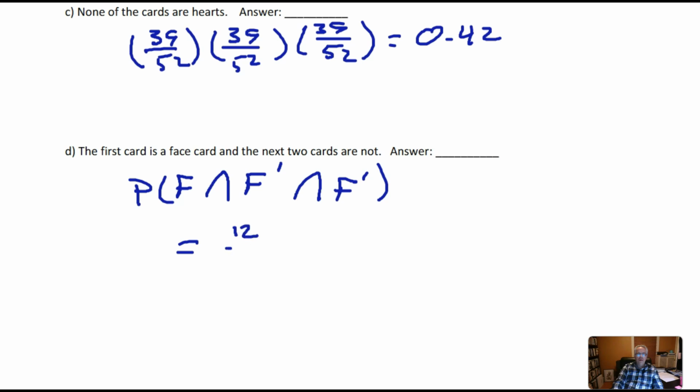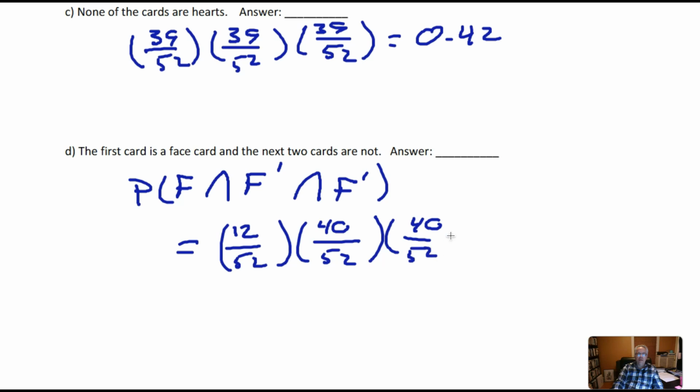Well, there are 12 face cards out of the 52 cards, and 40 of them are not face cards. So we get these 3 fractions. Okay, well, when you multiply them together, you get about 14%. All right, and that's the end of the practice mastery quiz.